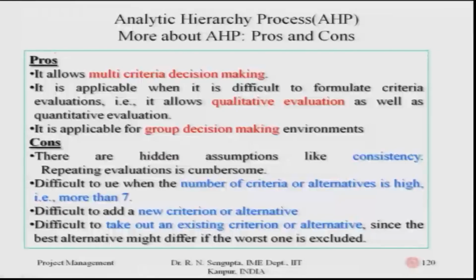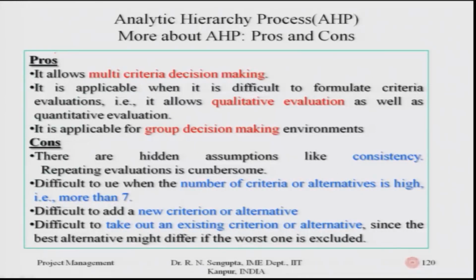So, the pros are: it allows multi-criteria decision making, that means you are taking different types of criteria in order to make a decision. It is applicable when it is difficult to formulate criteria evaluation, that means where the qualitative field also has to be brought into the picture. That means it allows qualitative evaluation as well as quantitative evaluation.